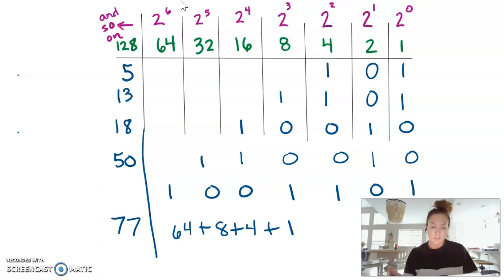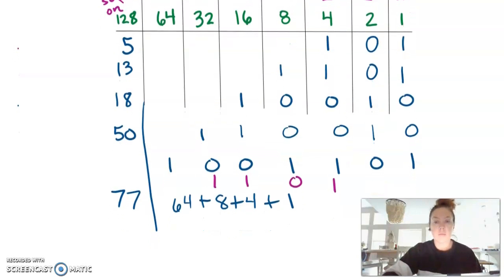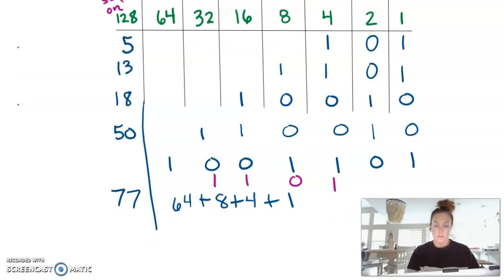All right, let's try another one. Let's say we've got 1, 1, 0, 1, 1, 0.